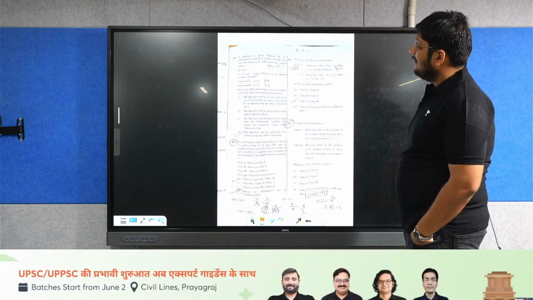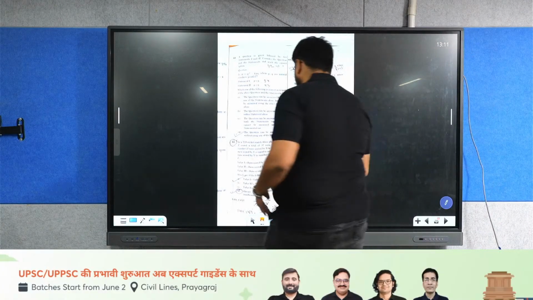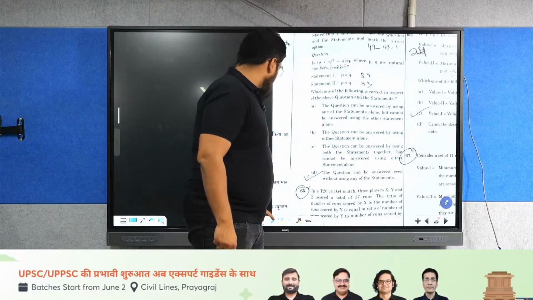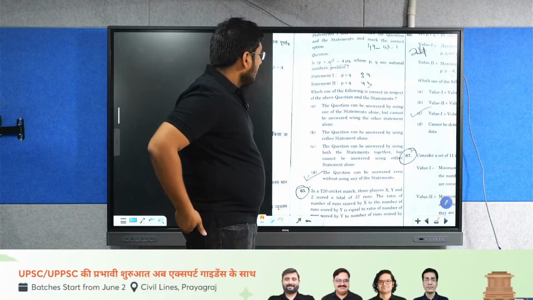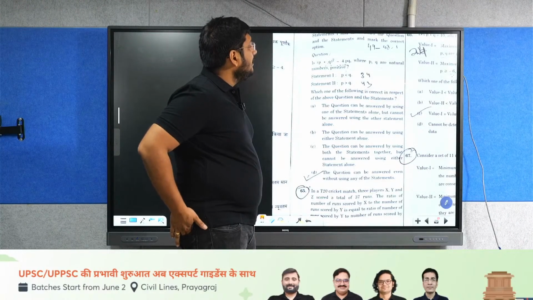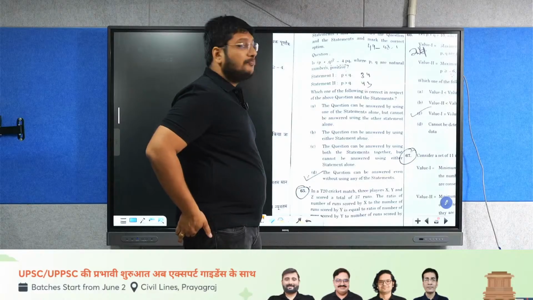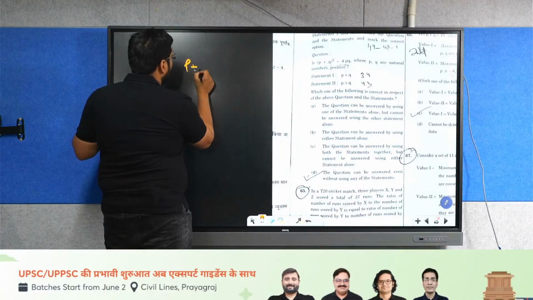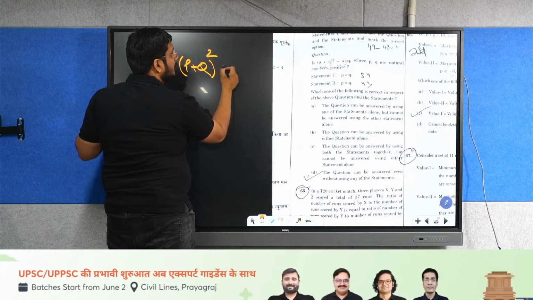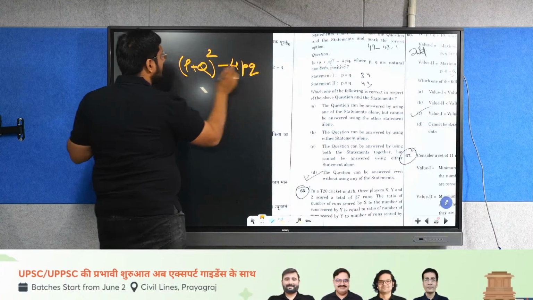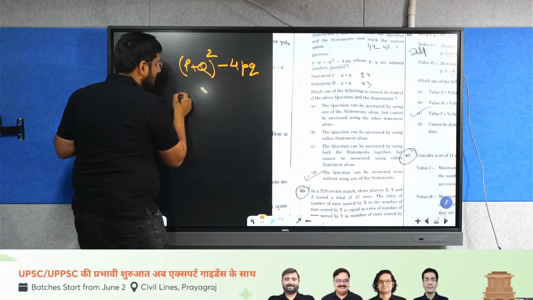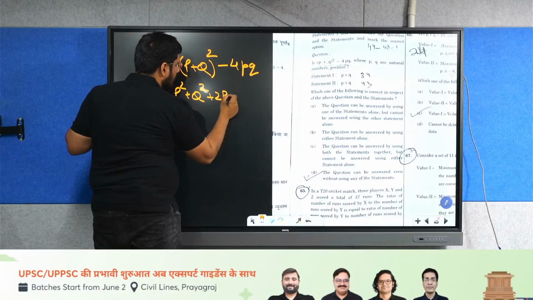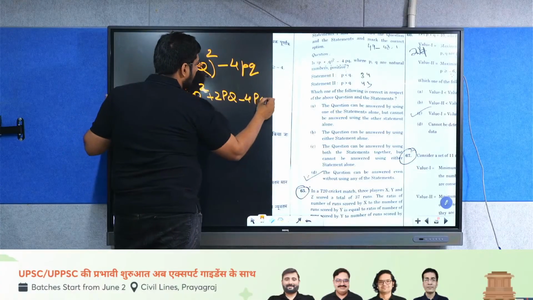Question number 64. It says, is (P plus Q) whole square minus 4PQ, where P and Q are natural numbers, positive? Is this positive? See, (P plus Q) whole square minus 4PQ. Expand this, you will get P square plus Q square plus 2PQ minus 4PQ.